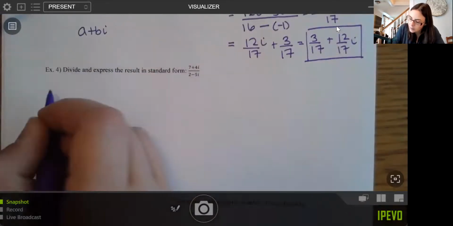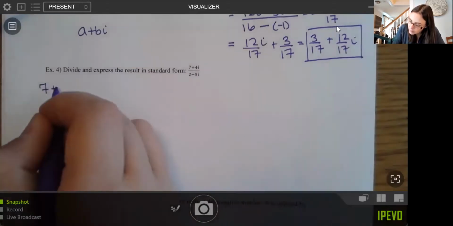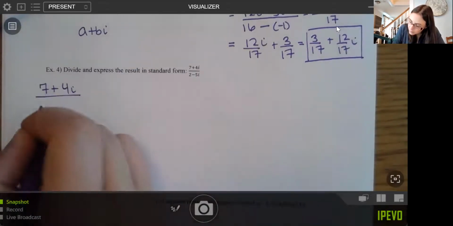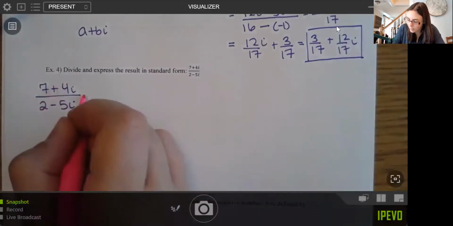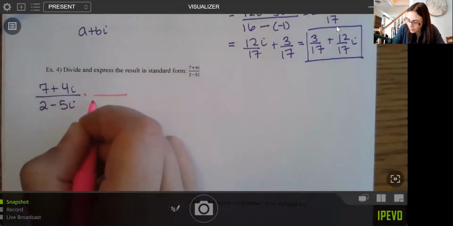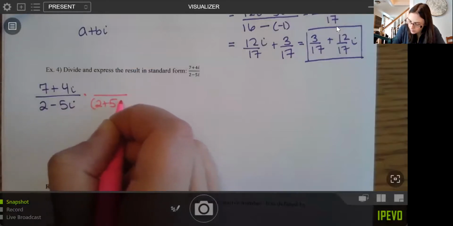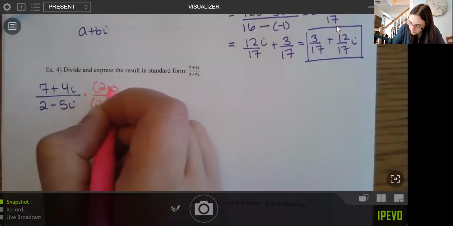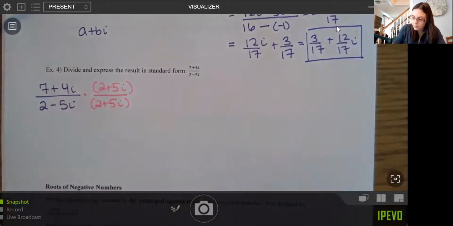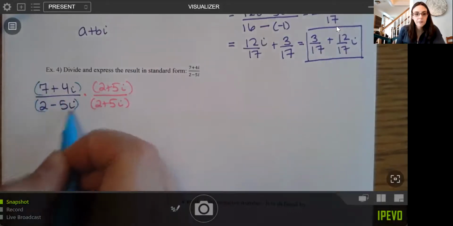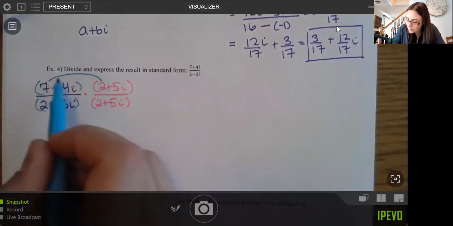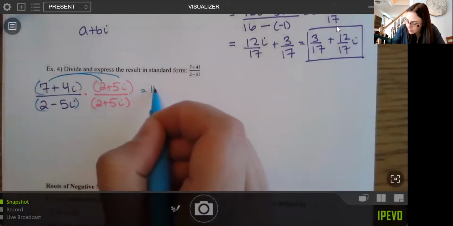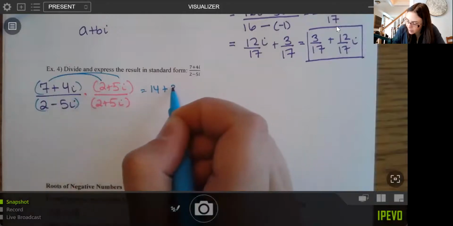So I'm just going to rewrite this to make it easier to see. And we always use the conjugate of the denominator. So if it's a minus here, I'm going to use a plus. And then we're just going to multiply. 7 times 2 is 14, and 7 times 5i is 35i.